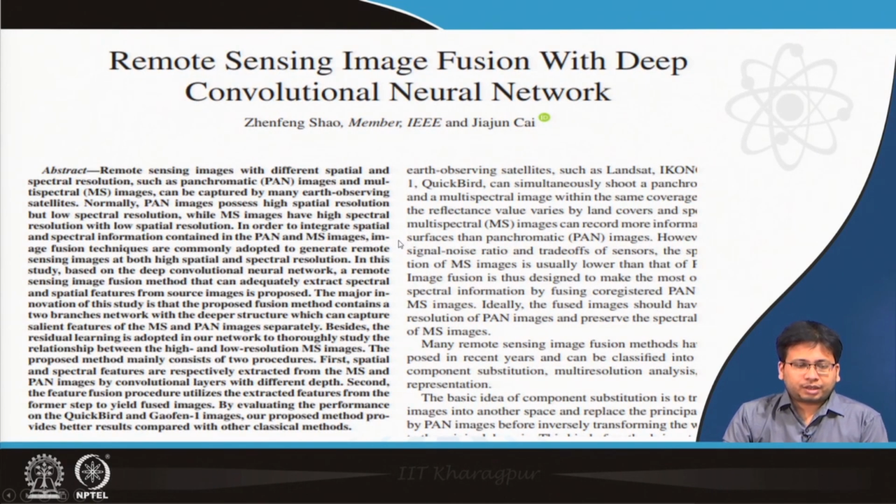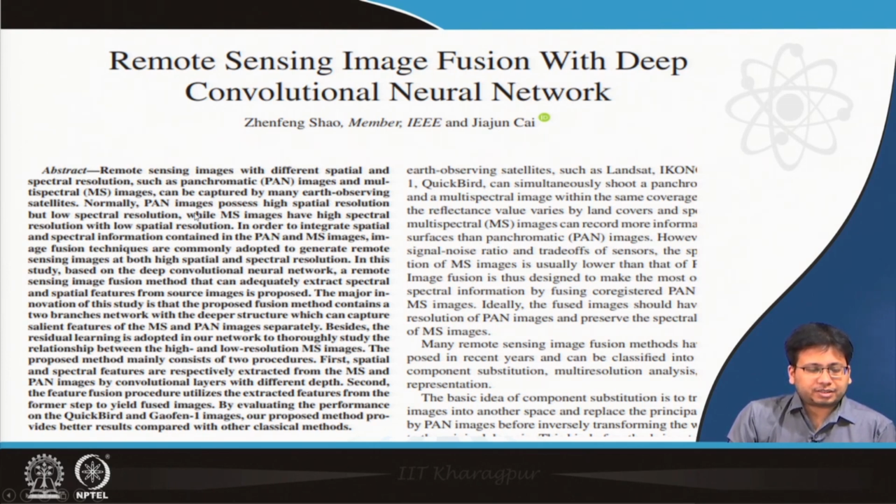Now, let us come to another work, remote sensing image fusion with deep convolutional neural network. This is also along the same lines. Remote sensing images with different spatial and spectral resolution, such as panchromatic images and multispectral or MS images, can be captured by many earth observing satellites.